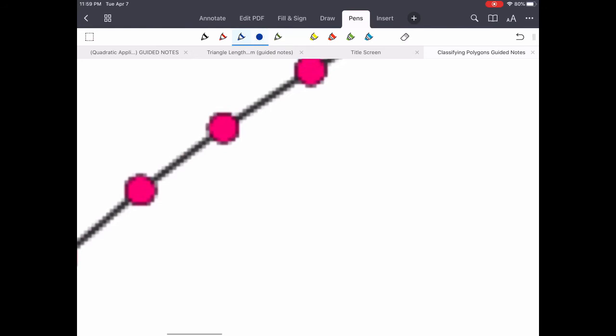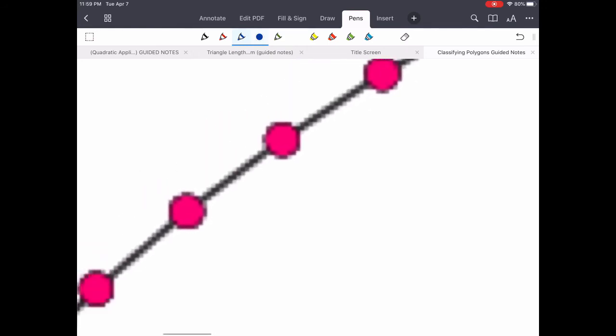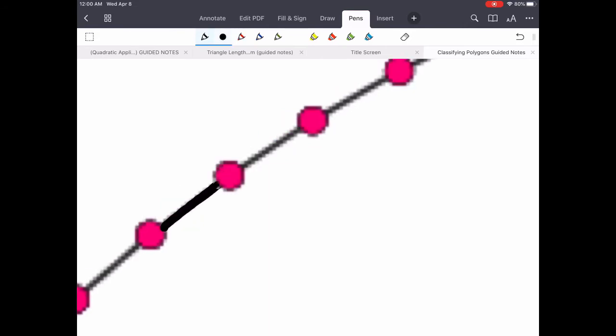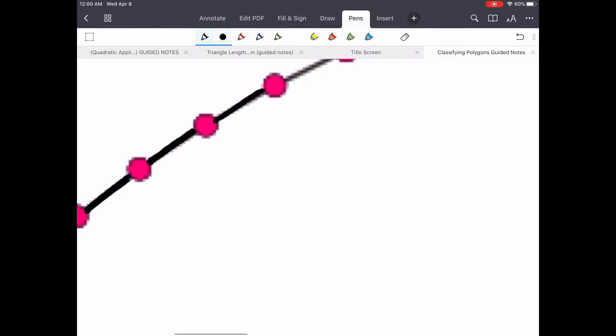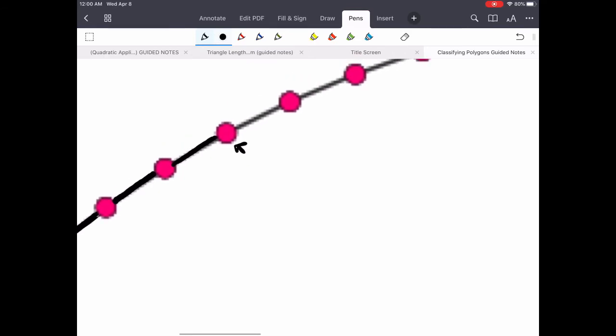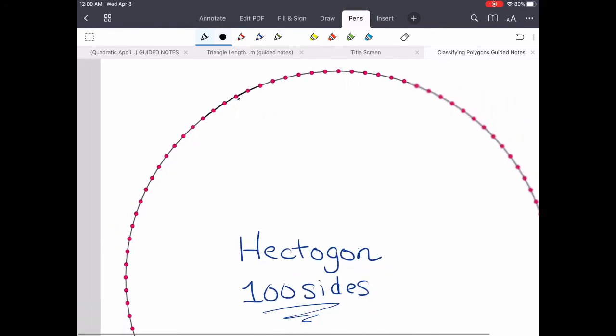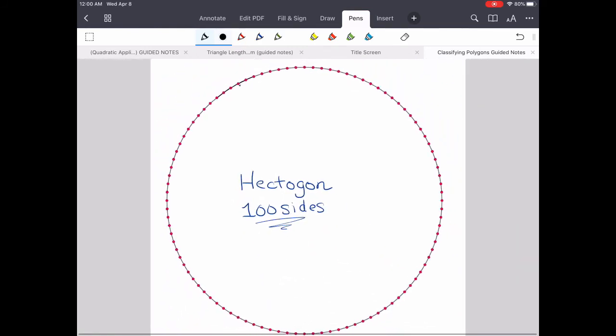But if I zoom in on these lengths here, I know it's getting really pixelated, but these are all line segments. It gives the impression that they're curved, but they are all perfectly straight. This is a vertex right there. So that's a line segment. That's a line segment. But there are so many sides on a heptagon that it gives the illusion that it's curving and rounded, but it's really not.